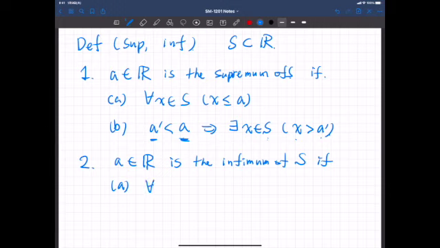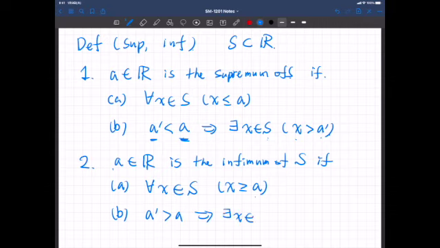First, for all elements x of S, x is greater than or equal to A. So this means A is a lower bound of S. And second, if A prime is greater than A, then there is some element x of S that is less than A prime.